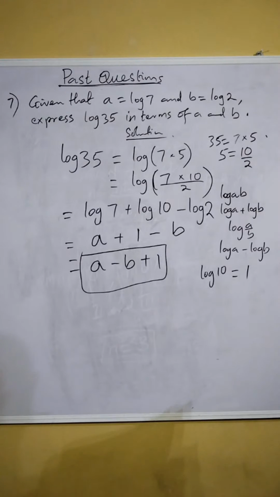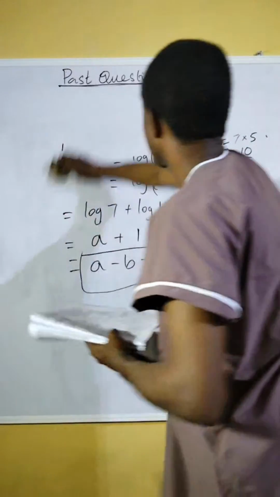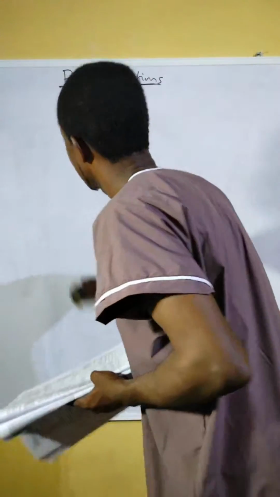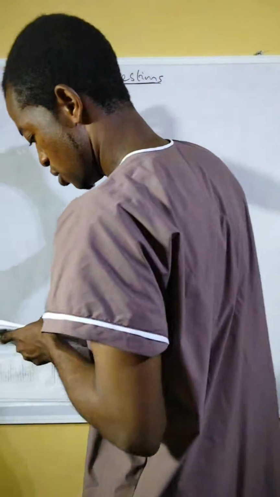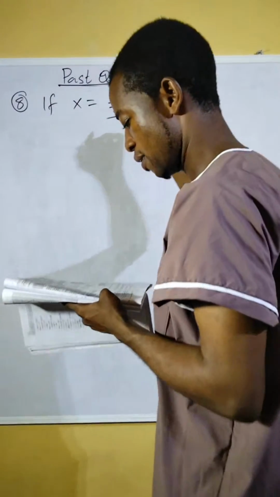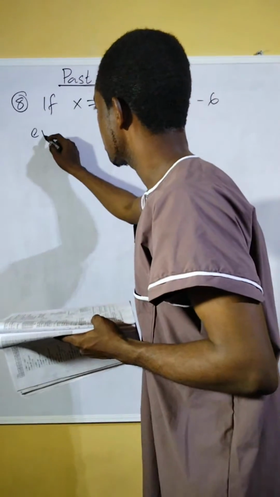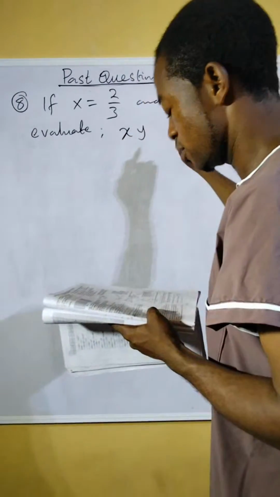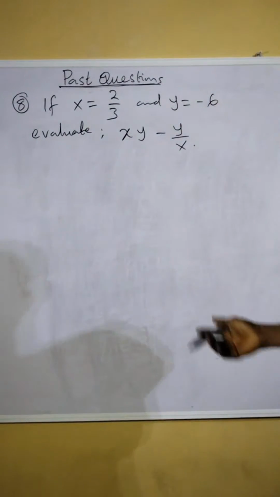In this question, we are given: if x is equal to 2 over 3 and y is equal to minus 6, then evaluate x times y minus y over x. So it's just a substitution here.